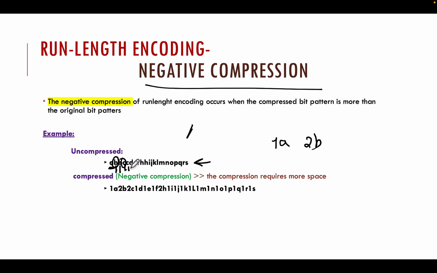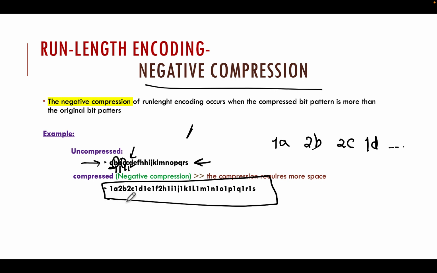So 2 C's. Then we look at this one, which is a D. And how many is that? We have 1 D. And so on. If we do the compression for this, then we will find that this is the compressed file. And you will notice here that the compressed file looks bigger than the uncompressed file. This is what you call a negative compression.